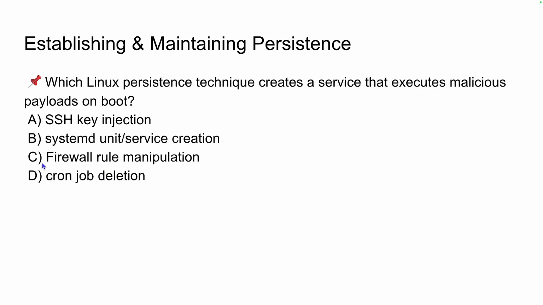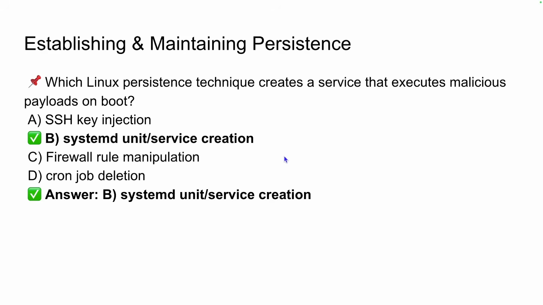Firewall rule manipulation does not create a service. You can manipulate firewall rules, sure, but you're not creating a service that executes malicious payloads. And cron job deletion is also not creating a service. It's deleting a chronological job, a scheduled task. So systemd unit service creation, yes.